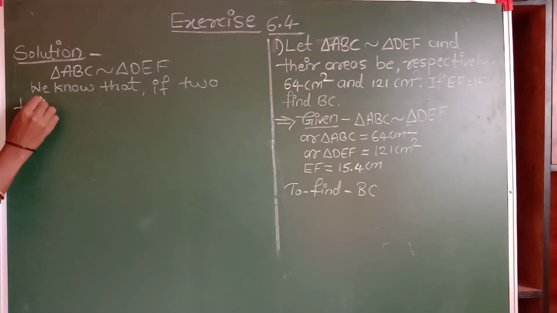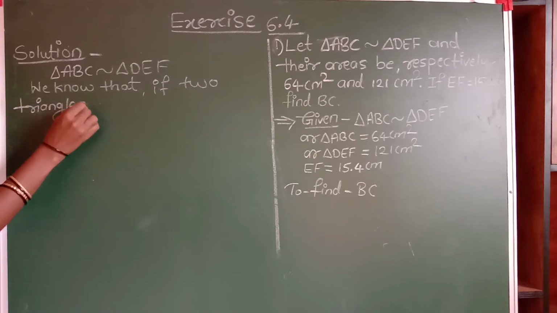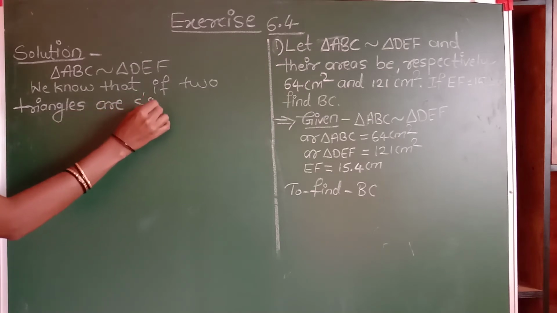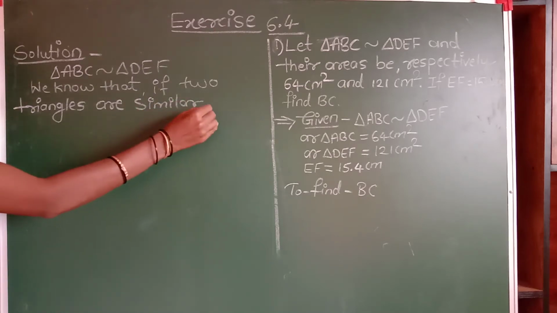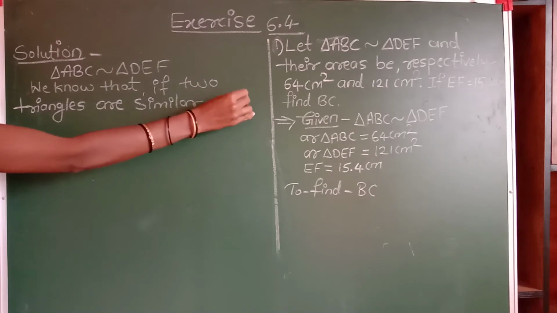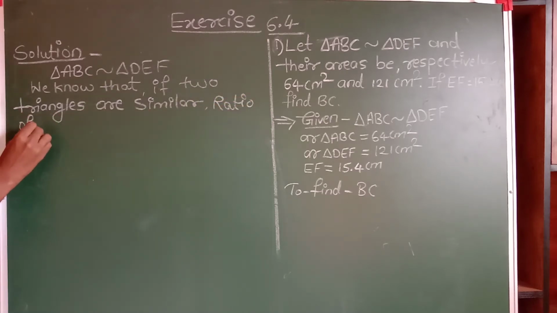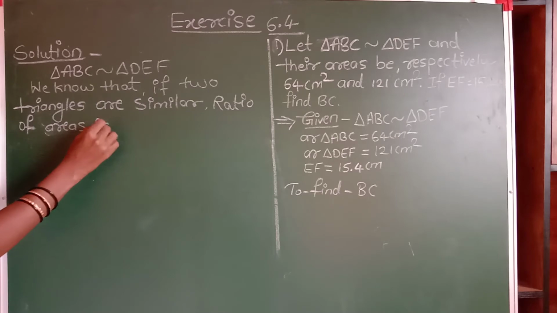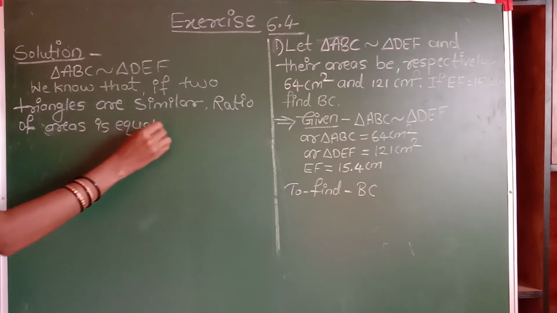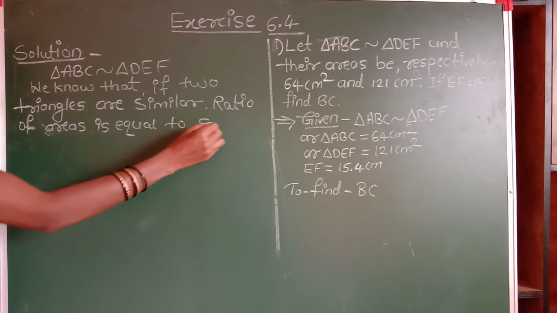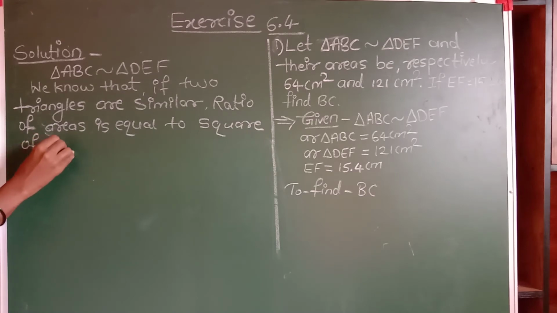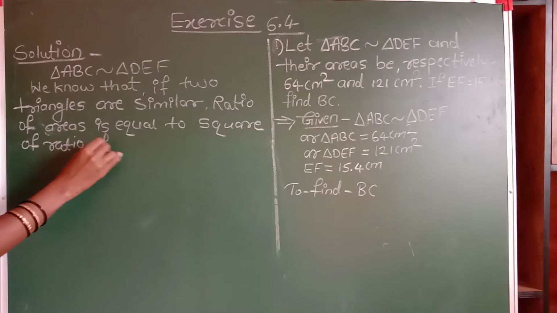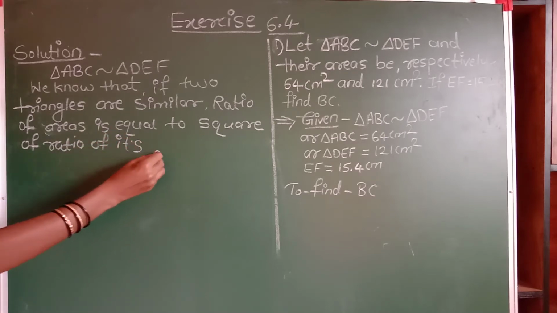if two triangles are similar, the ratio of areas is equal to the square of the ratio of its corresponding sides.